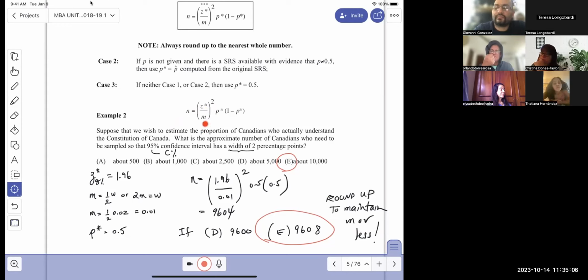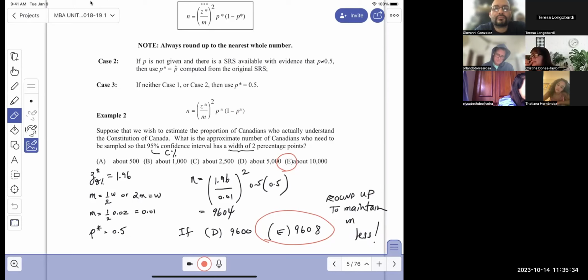You can decide what the margin of error is that you want. You can't really choose P, right? P is either given or you use 0.5. Those are not within your control. All right. Questions about this? So this says round up to maintain the margin of error or lower or less.